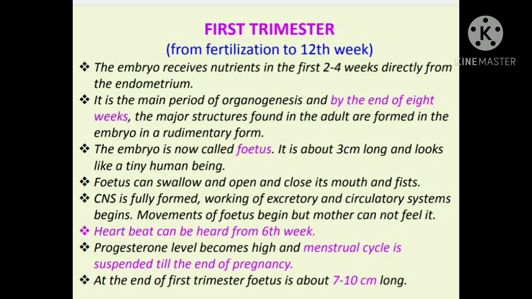In this period, the mother experiences morning sickness. It means she will suffer from vomiting, mood swings, etc. So these are the changes in the mother, and in this trimester, radical changes occur in the baby also.